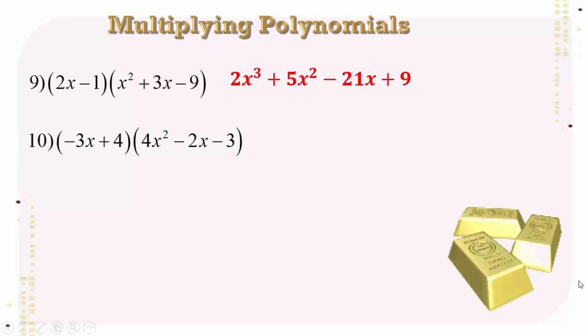In example number 10, here again we're asked to multiply a binomial by a trinomial. So let's go to the whiteboard and work this out. In number 10, we have negative 3x plus 4 times 4x squared minus 2x minus 3.